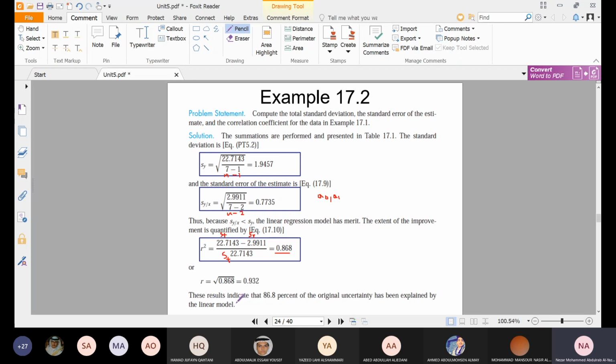So these results authenticate that 86.8% of the data has been explained by the linear model. That means the linear model ignores around 14% of the data.